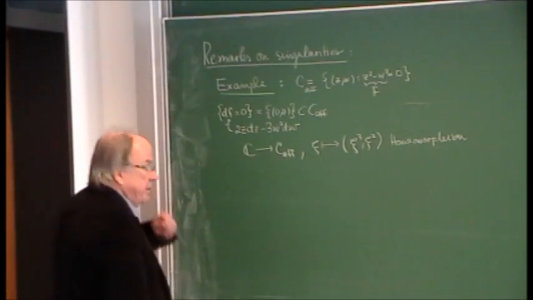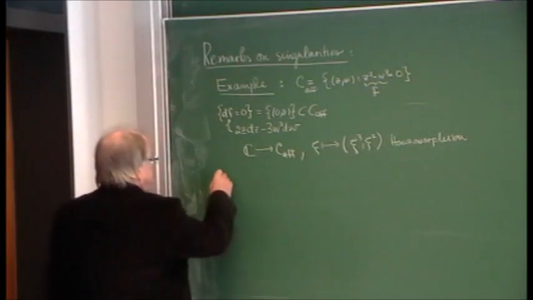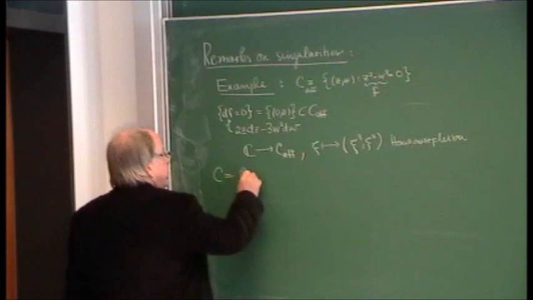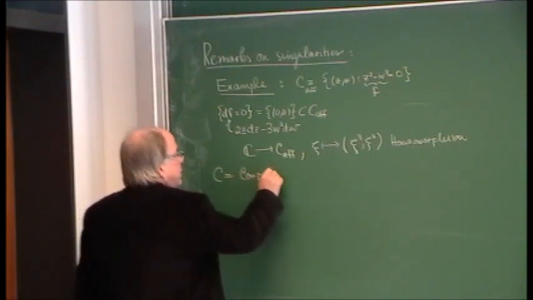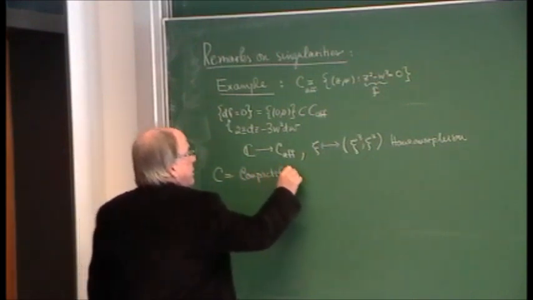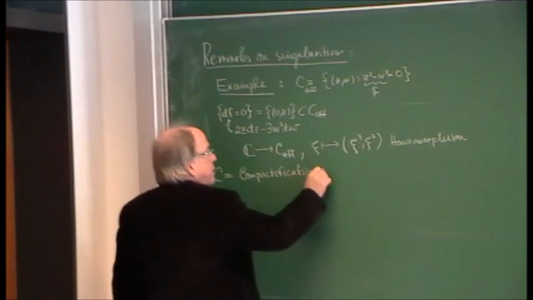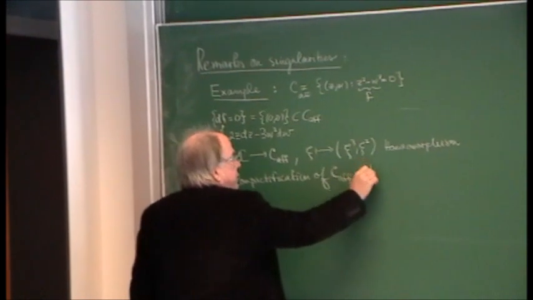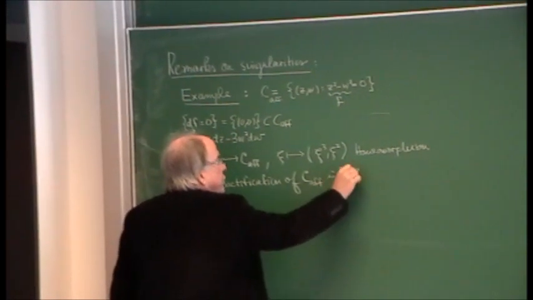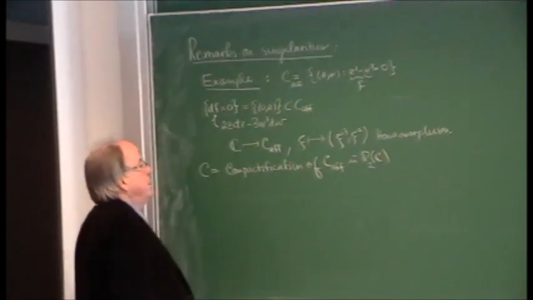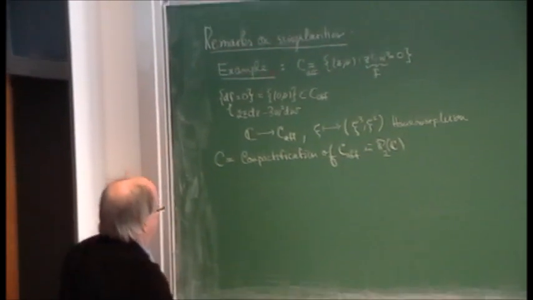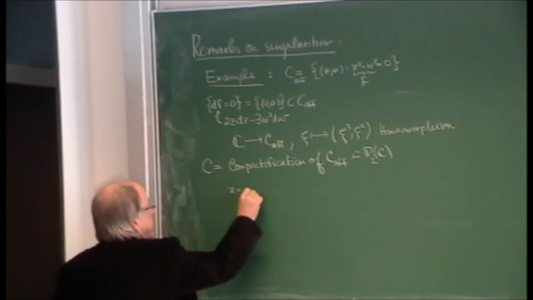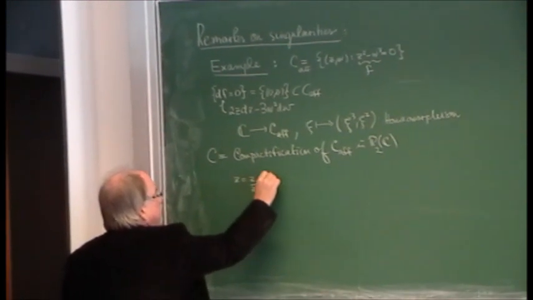Now, excuse me. Let's look at the projective version of this curve. So C is the compactification of this curve in projective space, in projective space P2. We'll recall in the usual coordinates z is equal to z1 divided by z0. So these are the affine coordinates.